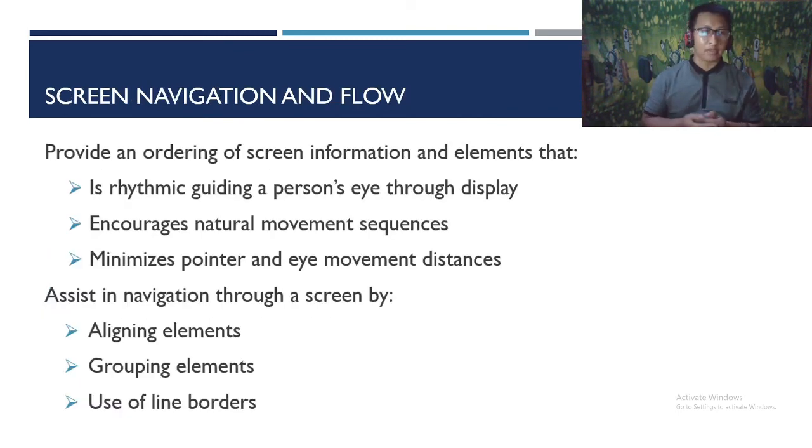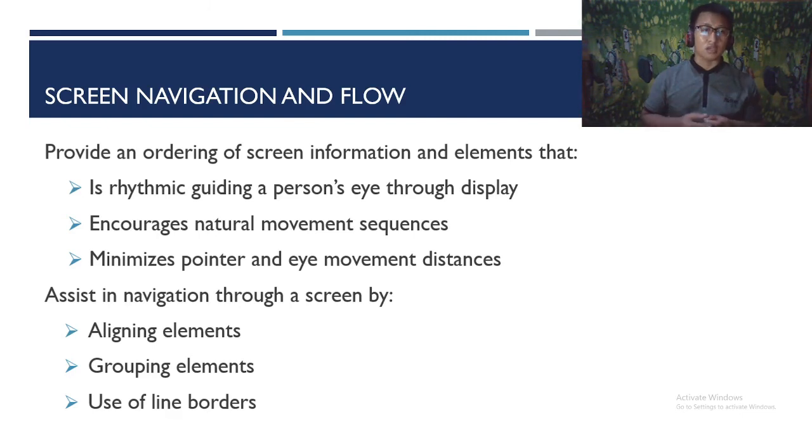Next is screen navigation and flow. Provide an ordering of screen information and elements that is rhythmic, guiding a person's eye through the display. It encourages natural movement sequences and minimizes pointer and eye movement distances.